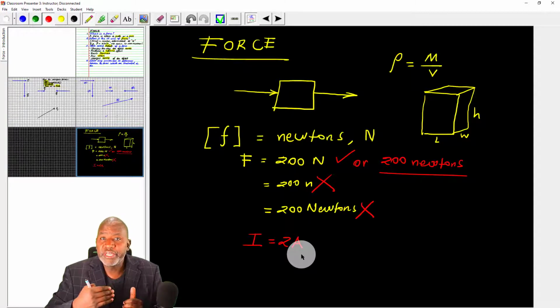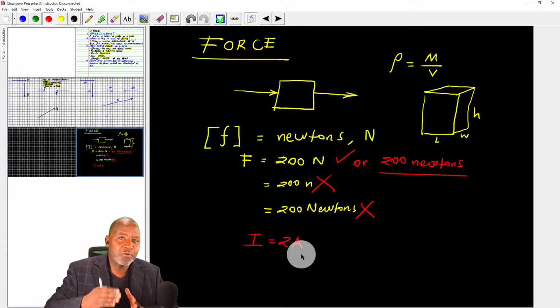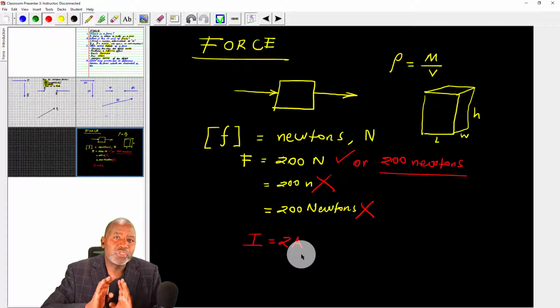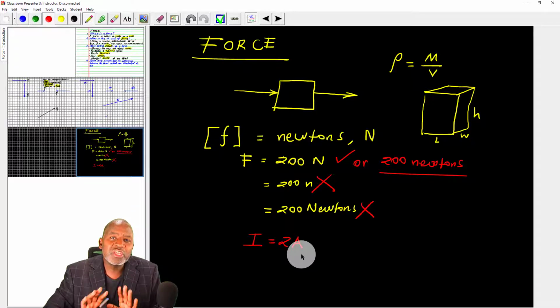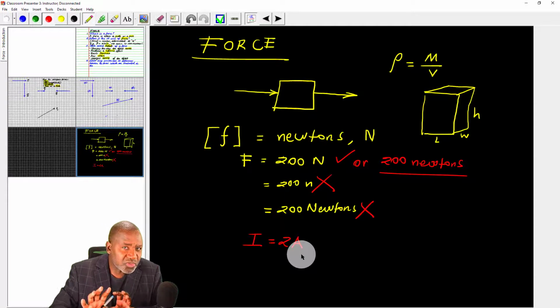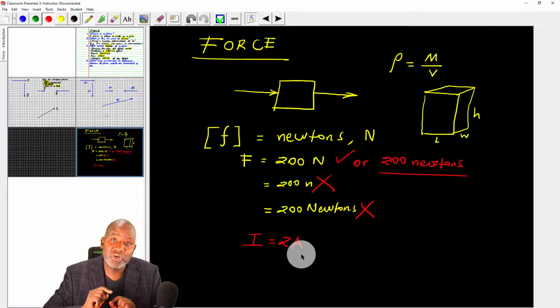If it was already in motion and you are pushing in the direction in which the object is moving, then that object can accelerate. In other words, it can move faster and faster. But if you are pushing this object trying to oppose its motion, it will slow down and probably even stop.